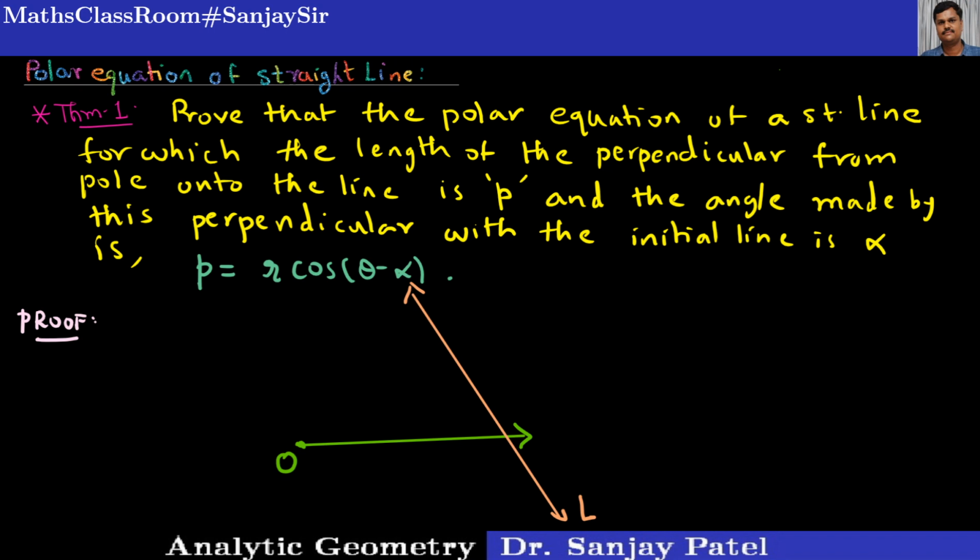So suppose the perpendicular from the pole onto this line is this.